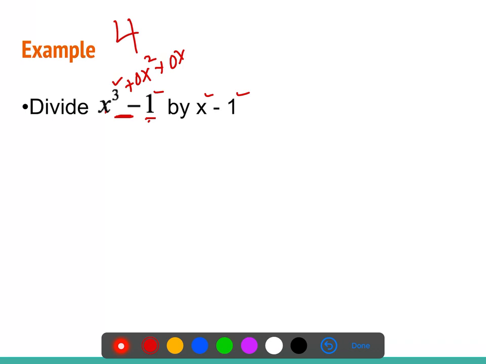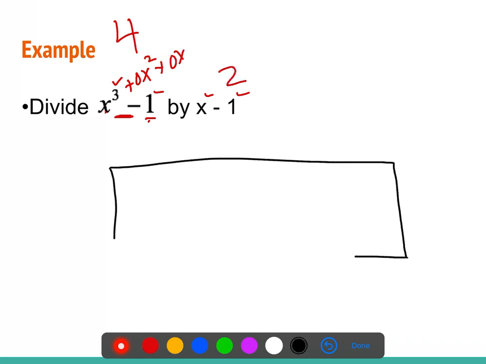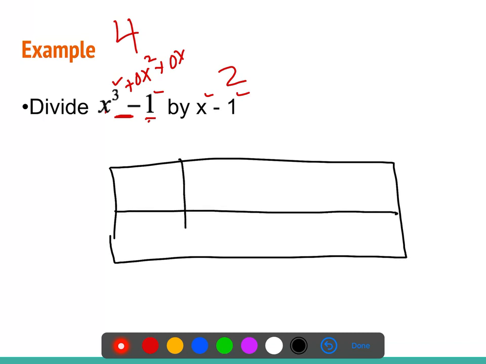So technically my first guy has 1, 2, 3, 4 terms. Because he's got the x cubed, the 0x squared, the 0x, and the minus 1. Yes, those zeros are important. The other guy has 2 terms, the x and the minus 1.